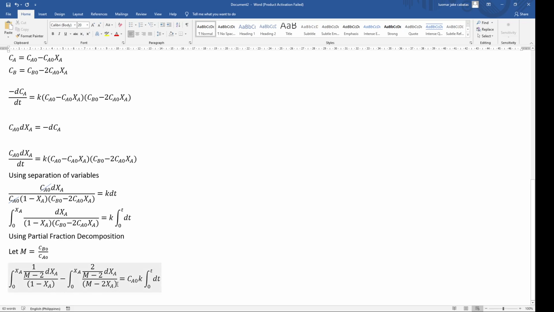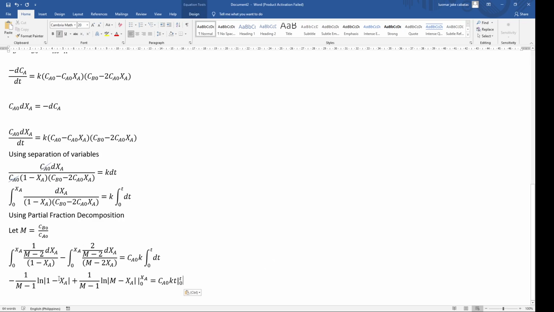Then after applying rules of integration, both terms would be using ln. So after integration, this would become, so mapansin nyo, very similar lang ang process with the first example na itong gibuhat. Okay? So, pansin nyo nawala ang 2 because kani siya.